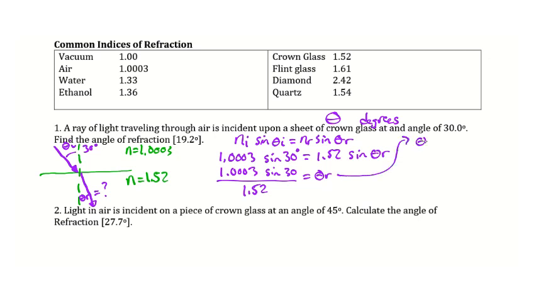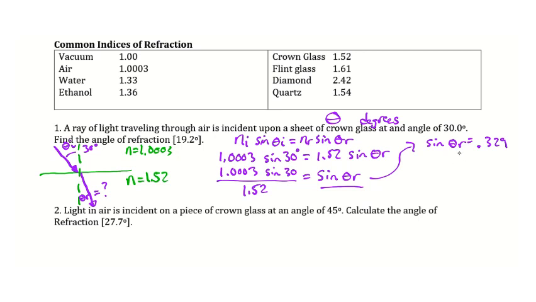I forgot to write sine there in the equation, my apologies. So we get sine of theta r is equal to 0.329. So that's the sine of our angle.